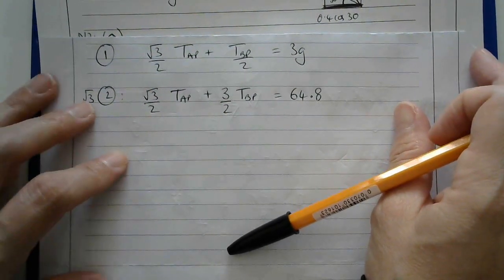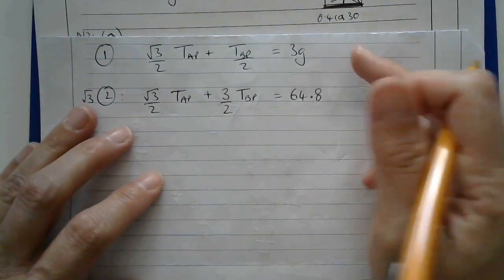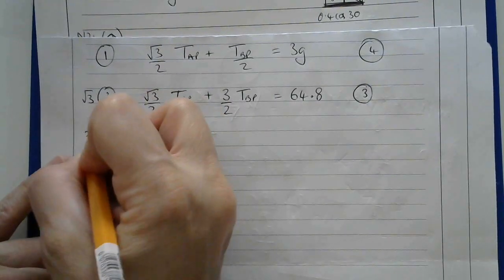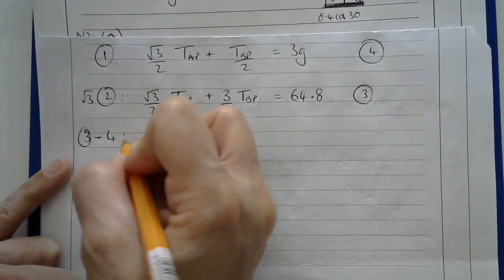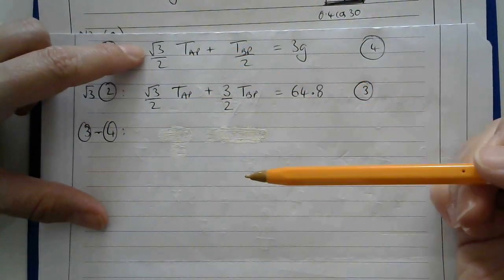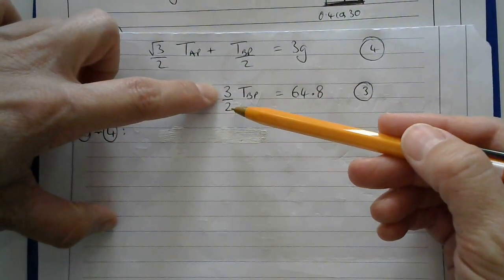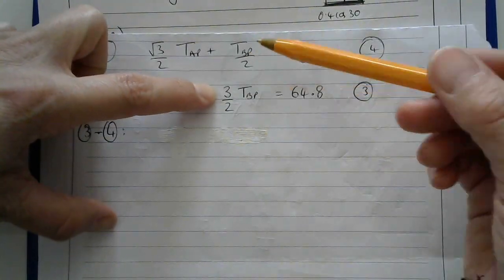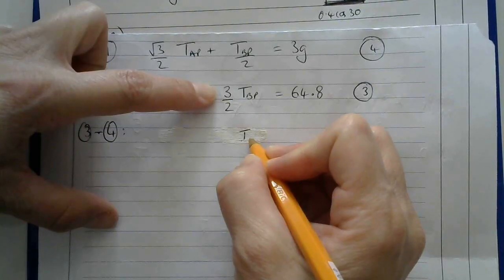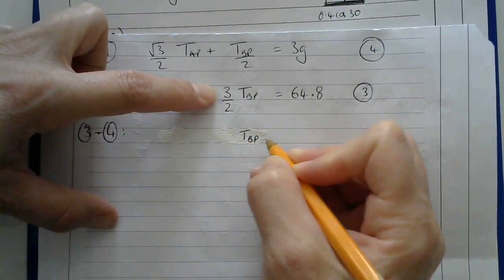And so now I could do this one minus this one. So I'll call this 3, I'll call this 4. So I'm doing 3 minus 4. So that minus that is nothing. Then I've got 3 halves minus 1 half makes 2 halves of TBP, and 2 halves is just 1.